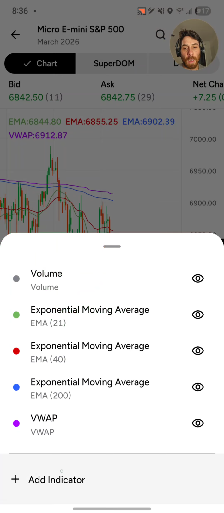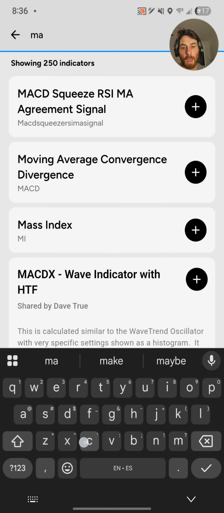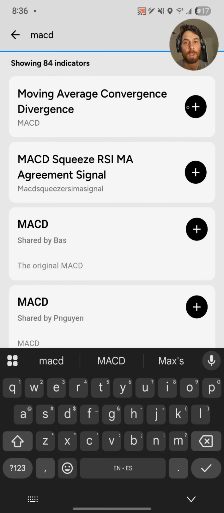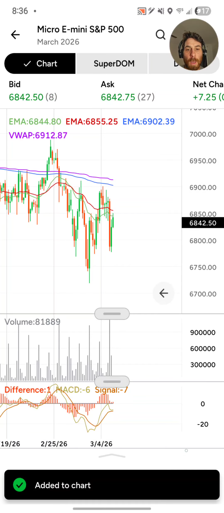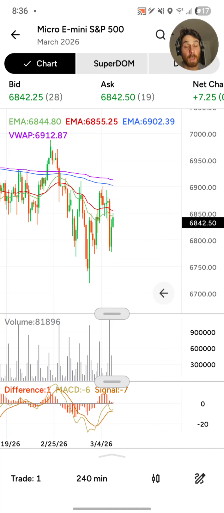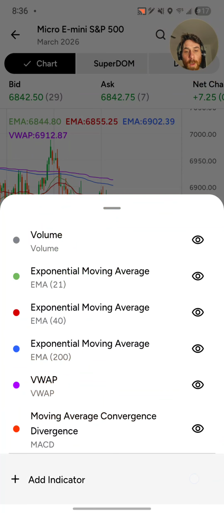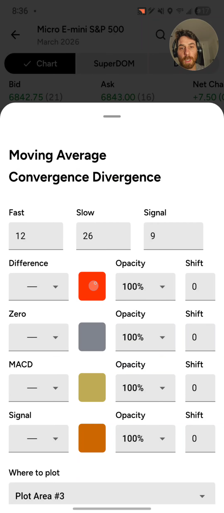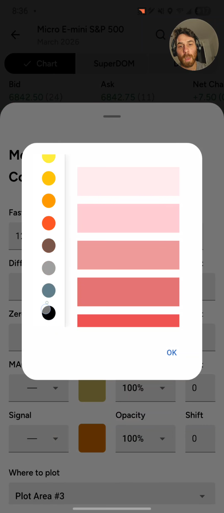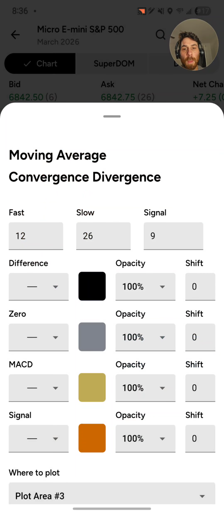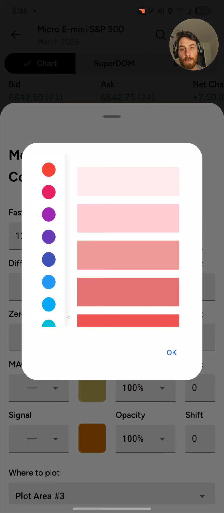The next thing I like to add is the MACD, the moving average convergence divergence. This one, I don't like the standard colors that it comes with, so I generally change those. I change that from the difference being black. You don't have to do this, but I do.